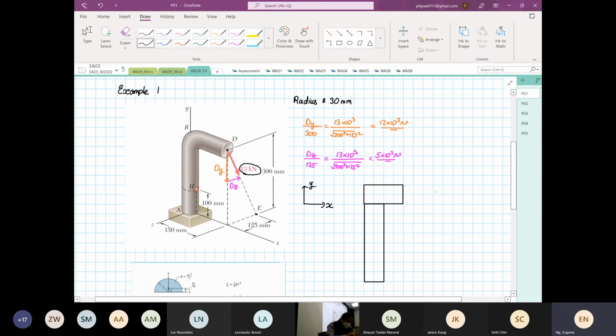Then we draw in our centroid that's relative to our element. So this is built in. Over here, this is our element H. Immediately draw your centroid.